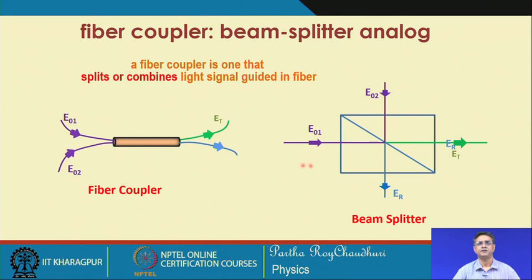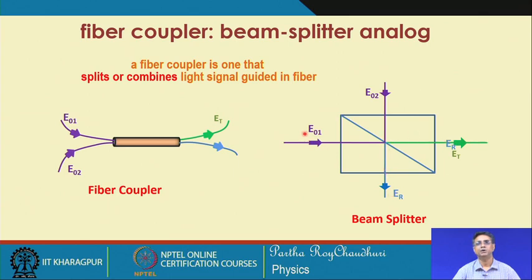So, this is an analog of a beam splitter. When we have a beam splitter with an incident light, a part of the light will be reflected and a part will be transmitted. But it could as well happen that the light is incident from the other side, then part of the light will be reflected here and part will be transmitted.